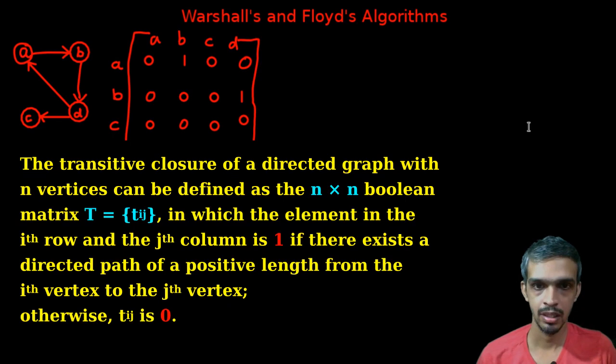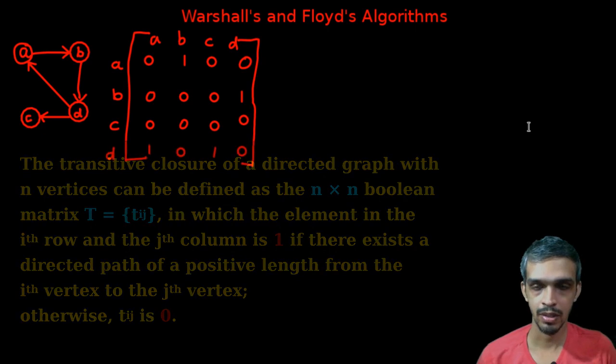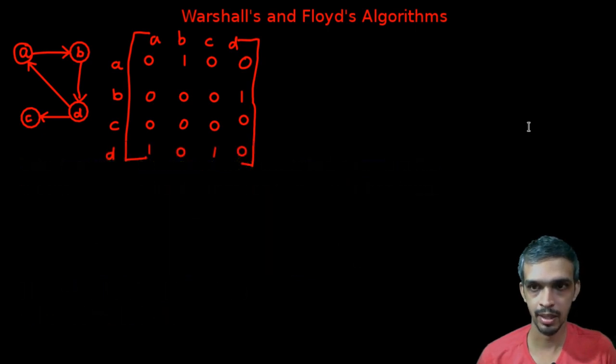Otherwise, T of ij equal to 0. Or I can say that in the transitive closure of a directed graph, if there exists a path, we will be putting a 1, and if there does not exist a path, we will be putting a 0. Algorithm for calculating this transitive closure is known as Warshall's algorithm, which is named after Stephen Warshall, who discovered it.